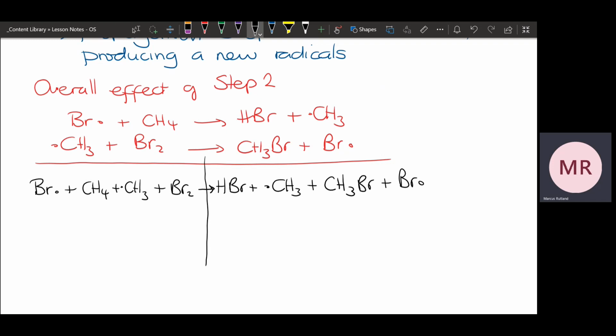Now, you never write an equation where you've got identical things on both sides. So have a look at both sides. What is it that can be cancelled out? So hopefully you spotted the Br dot. That's the same on both sides, so we can cancel that. There's no point having something that's equal on 2 sides of an equation.